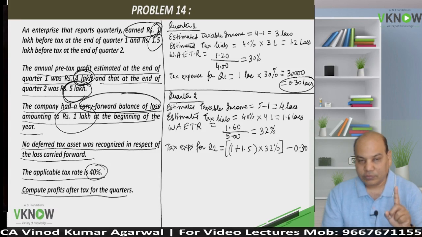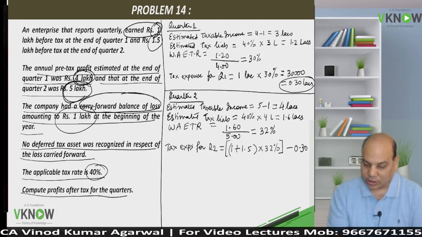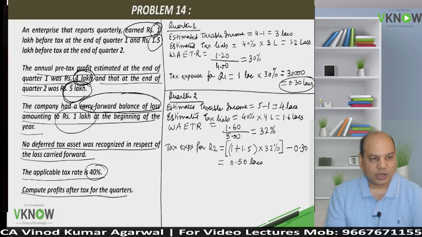So 2.5 lakh into 32% minus 0.30 lakh. So that comes to 0.50 lakhs.